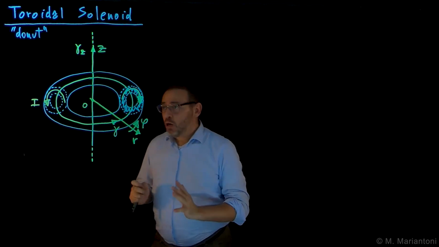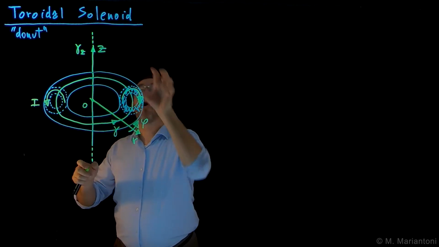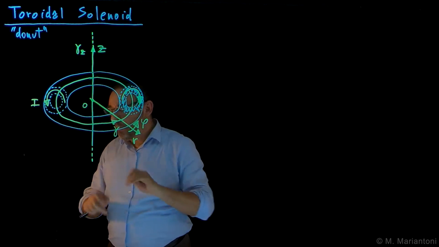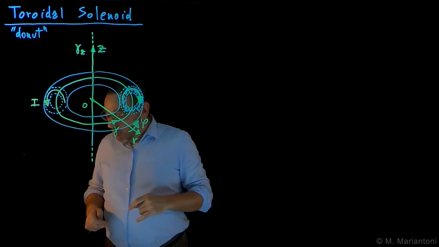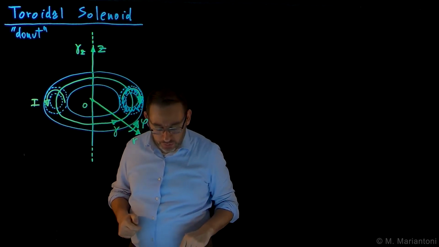So now we know how to build, how to make this torus. I told you that the core of this torus could be different types of materials. Let's say now it's wood, and I will come back in a minute to a more detailed discussion of how to actually make such a device in real life, which is very useful.